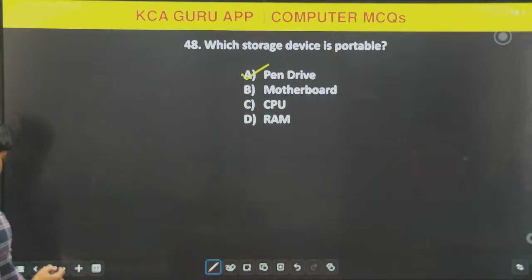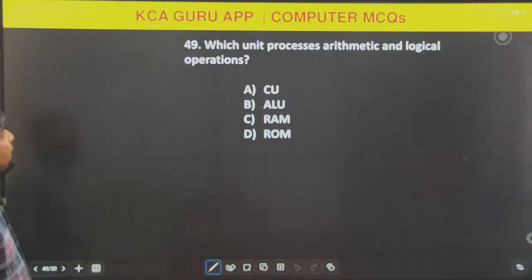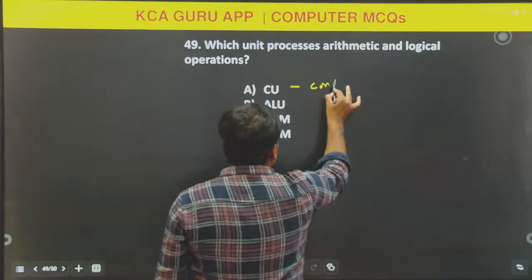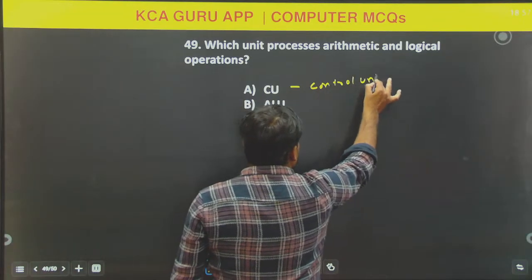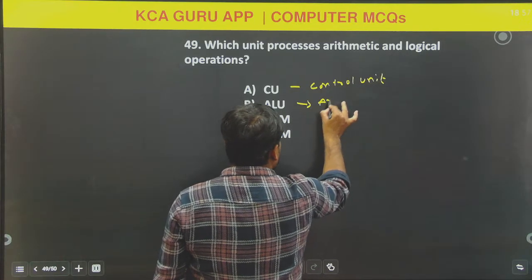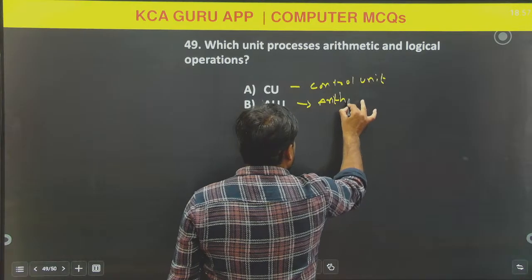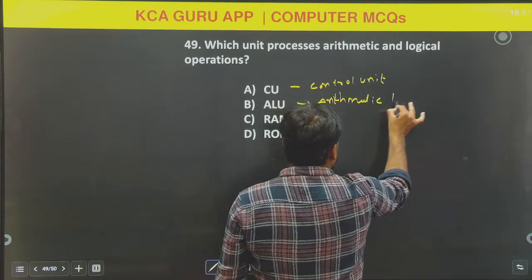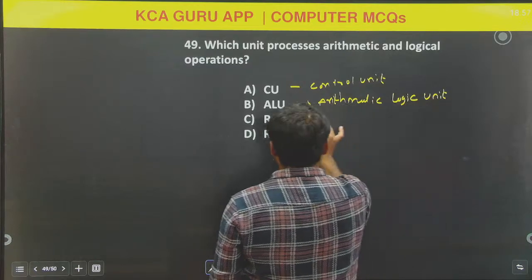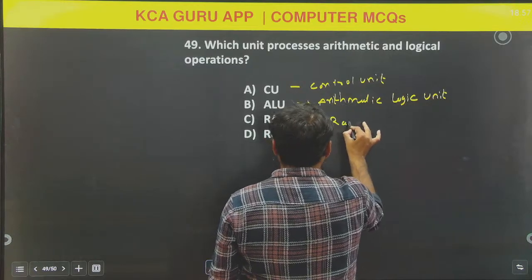So next, which unit processes arithmetic and logical operations? Already know that. CU is the control unit. Then ALU is the arithmetic logic unit. Then RAM is the random access memory.